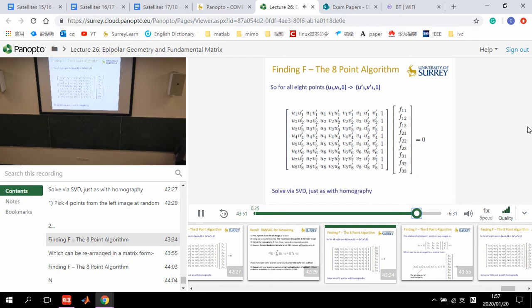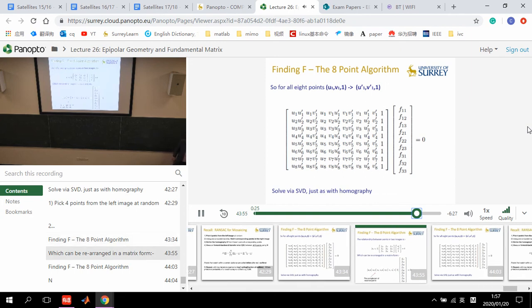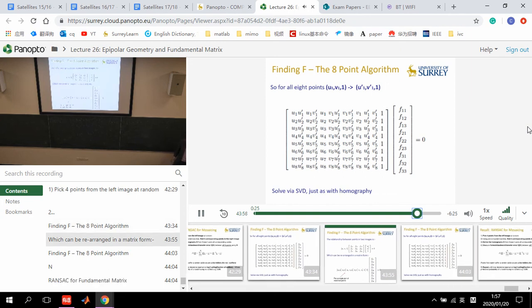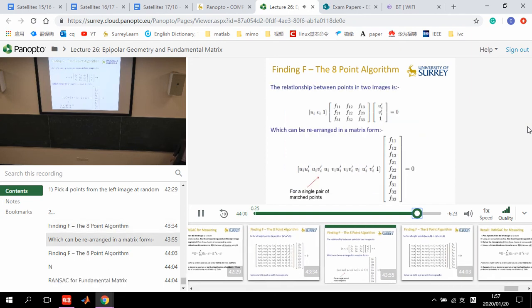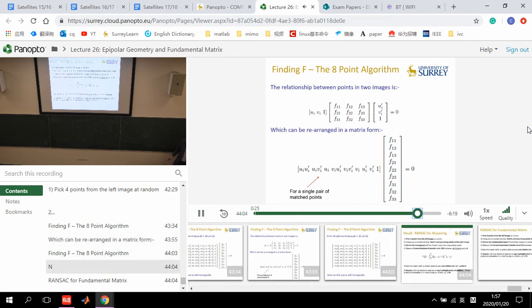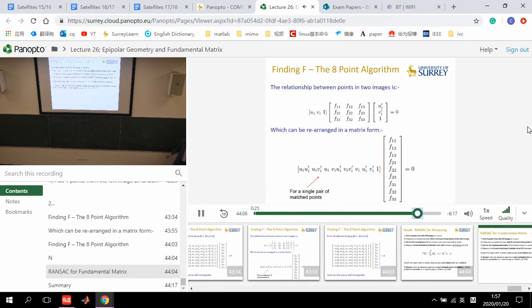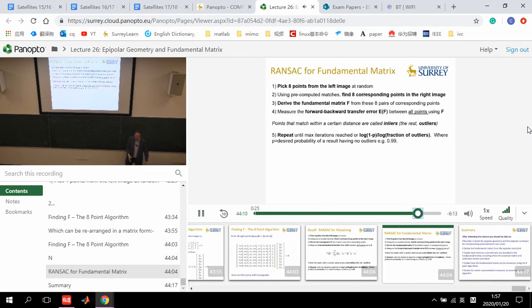That's just RANSAC again, and we can figure out how well they fit just using this equation at the top, checking whether they sum to 0. If they do, they give us 0, and if not, it's going to give us a high number. So for RANSAC for the fundamental matrix: pick 8 points at random, find the F, apply it to everything.